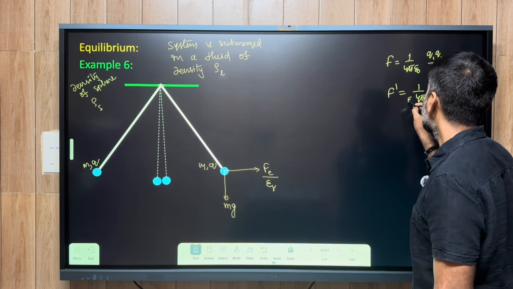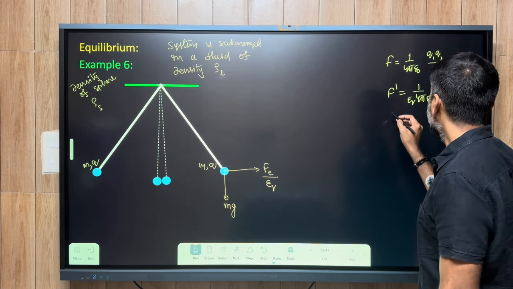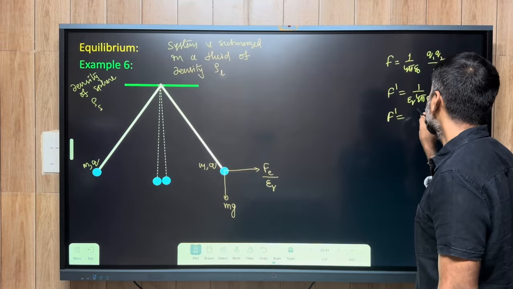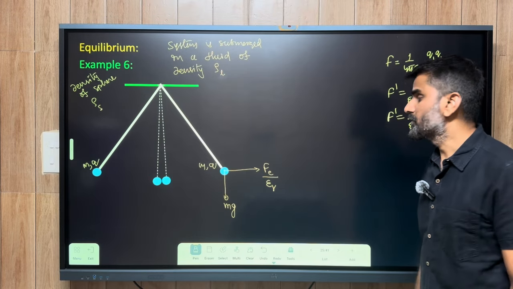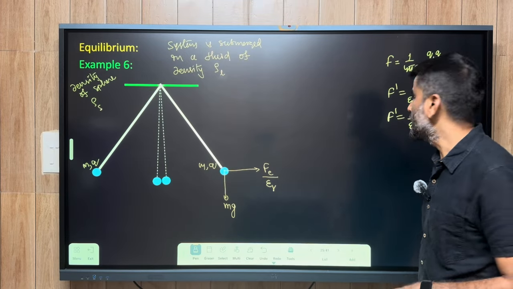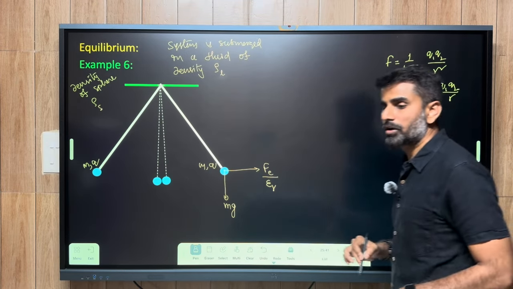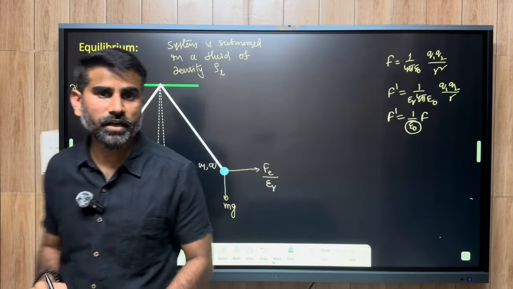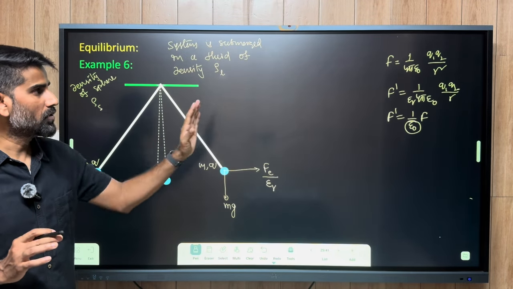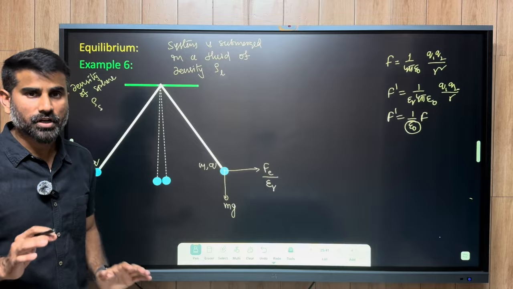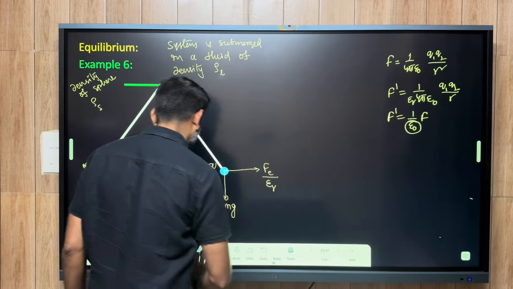This epsilon can be written as epsilon naught epsilon r. So this equation can be further written as 1 by epsilon r into F. That means the force will reduce by 1 by dielectric constant times. Hope the points are clear to you, right?